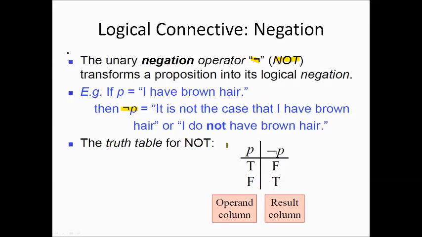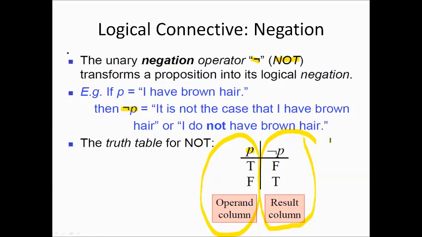So let's check. Assuming that this is the given truth table, by the way, on the left side of the table is the operand column, while on the right side of the table is the result column. That's the parts of the truth table.